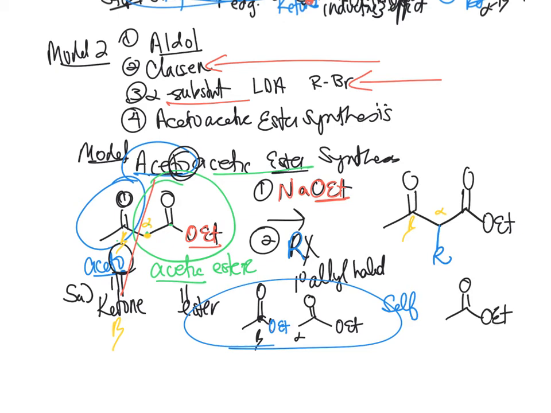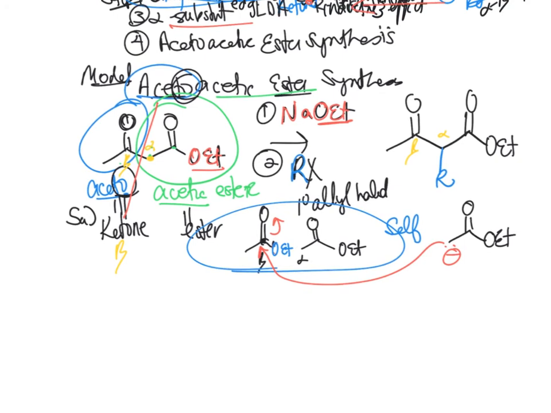Okay. This becomes your enolate. And then this would attack here, and you would get this intermediate. So that's your beta. This is your alpha.